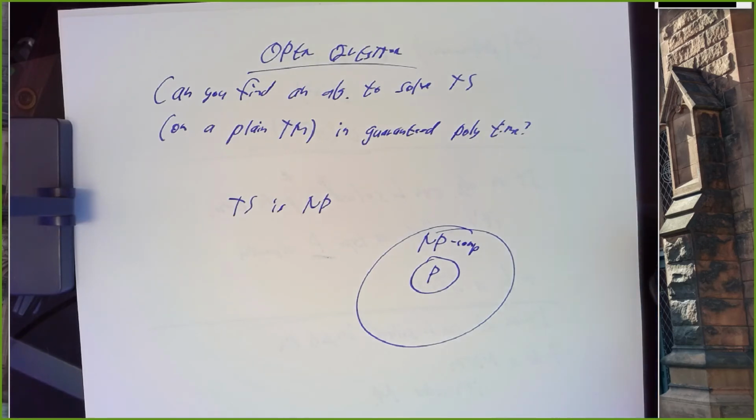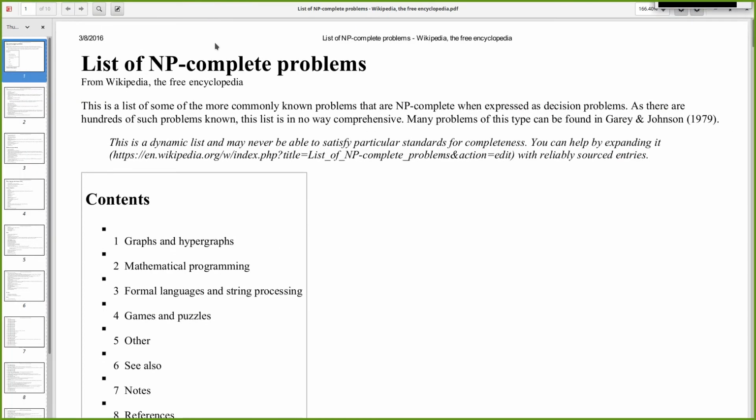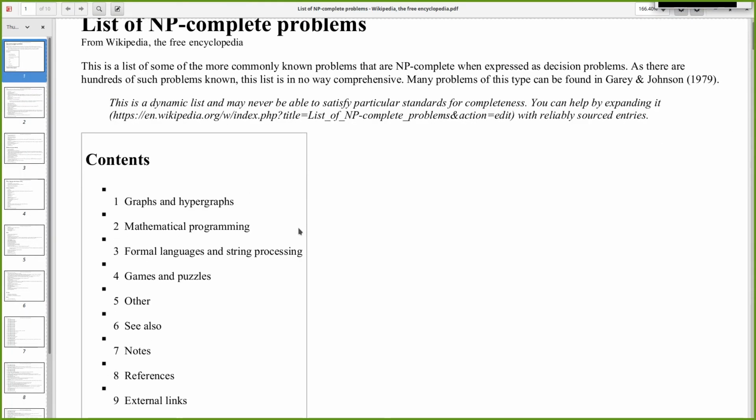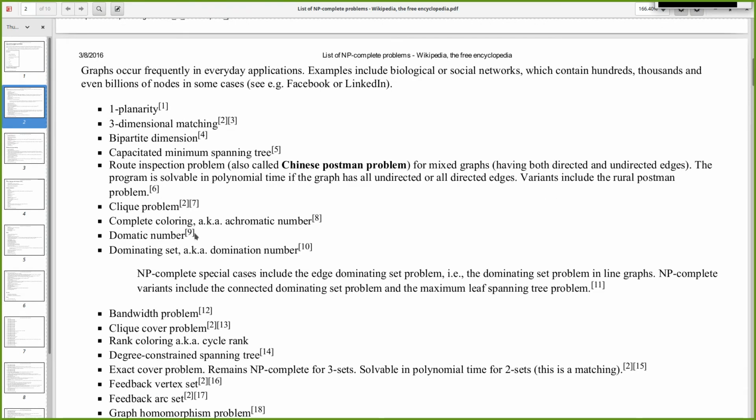And so let me see if I have a handy list. So NP complete problems, right? These are problems that could be solved in polynomial time if you can solve traveling salesperson. And so there's lots of graph theory problems, right?